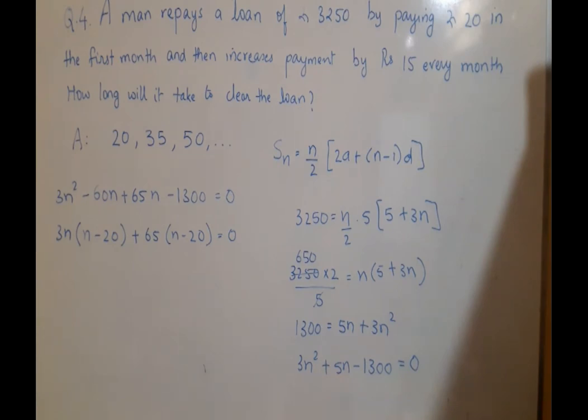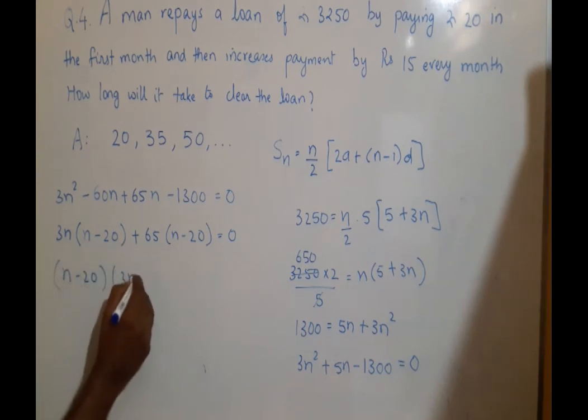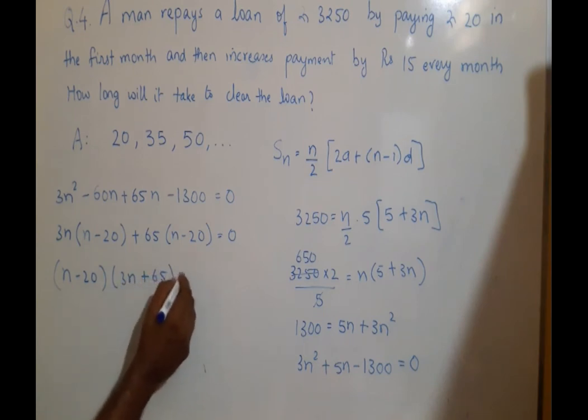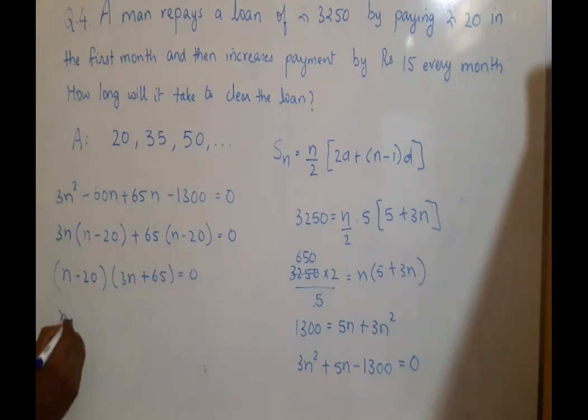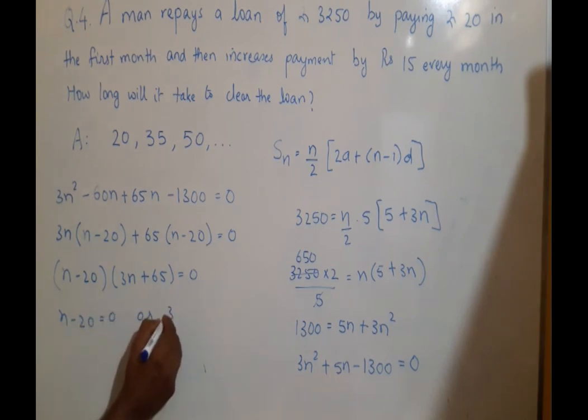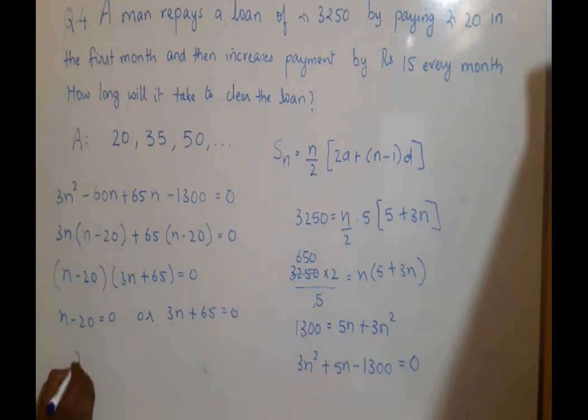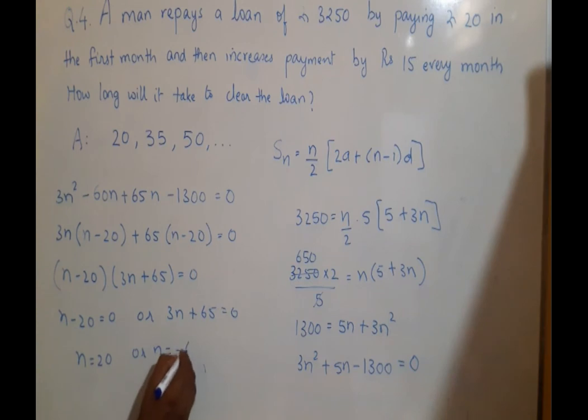Then taking n minus 20 common, n minus 20 into 3n plus 65 equal to 0, we will get n minus 20 equal to 0 or 3n plus 65 equal to 0, which gives us n equal to 20 or n equal to minus 65 upon 3.